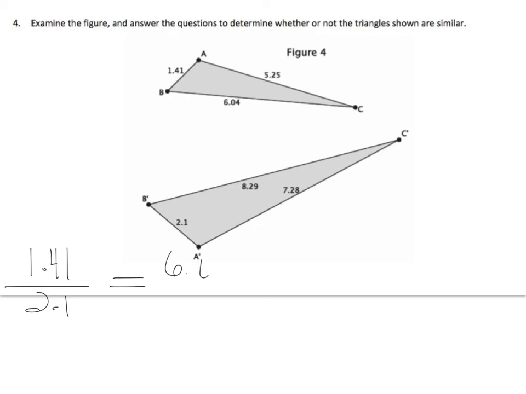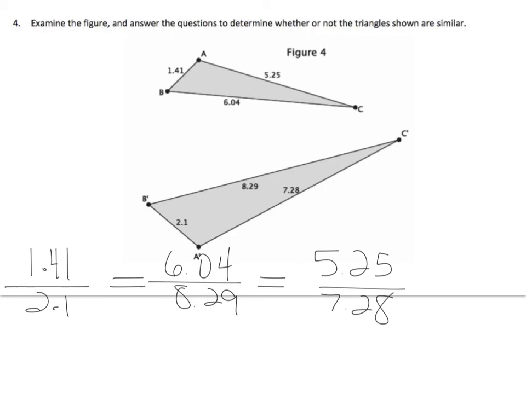BC, 6.04, B prime, C prime, 8.29, and then AC, 5.25, A prime, C prime, 7.28.